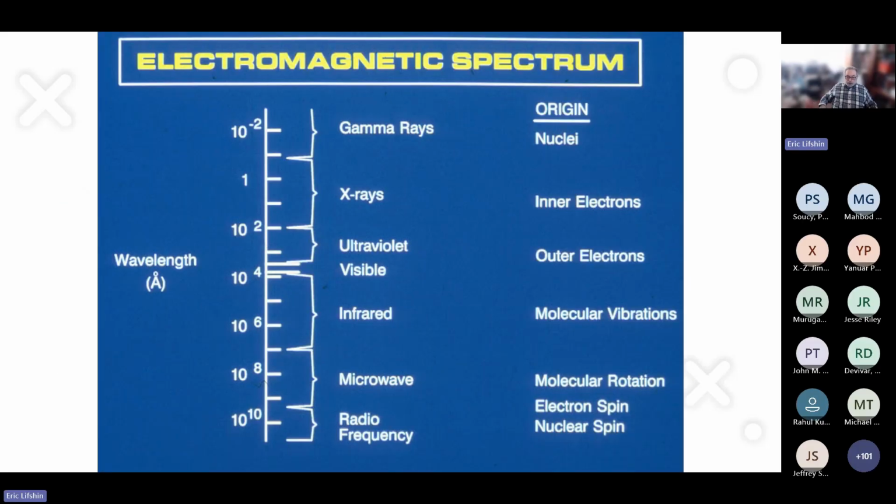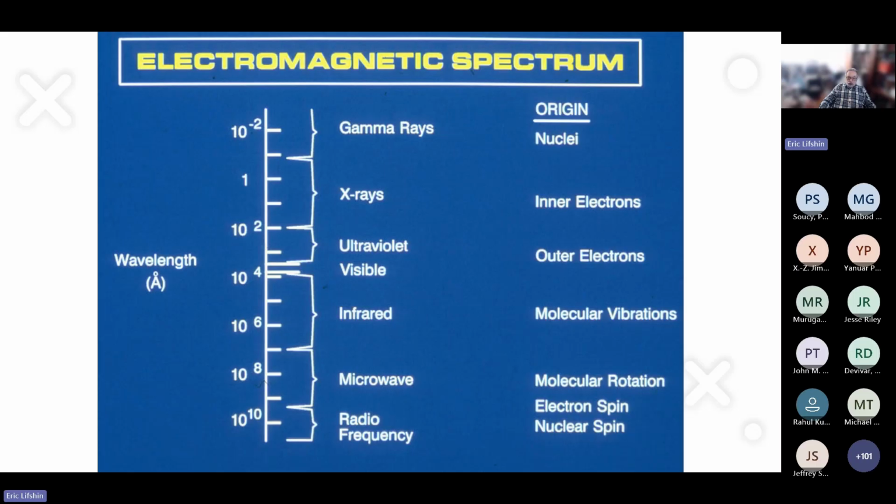So let's take a quick look, as I'm sure all of you have before, no pun intended, at the electromagnetic spectrum. What we see is a visible spectrum that runs from about 400 to about 700 nanometers. To convert, you've got 10 angstroms in a nanometer. And that's what we see with our eyes.